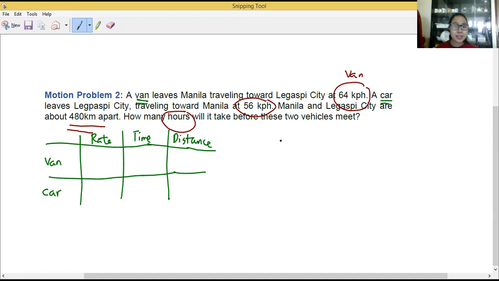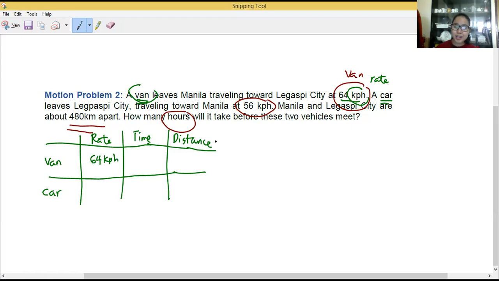Now, what are the given? It says the van moves at 64 kph. kph stands for kilometers per hour. Therefore, it is a rate. So let's write 64 kph for the van.